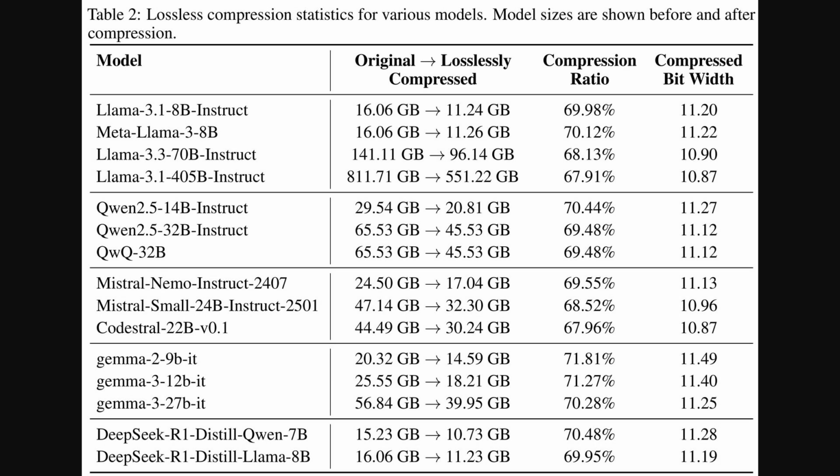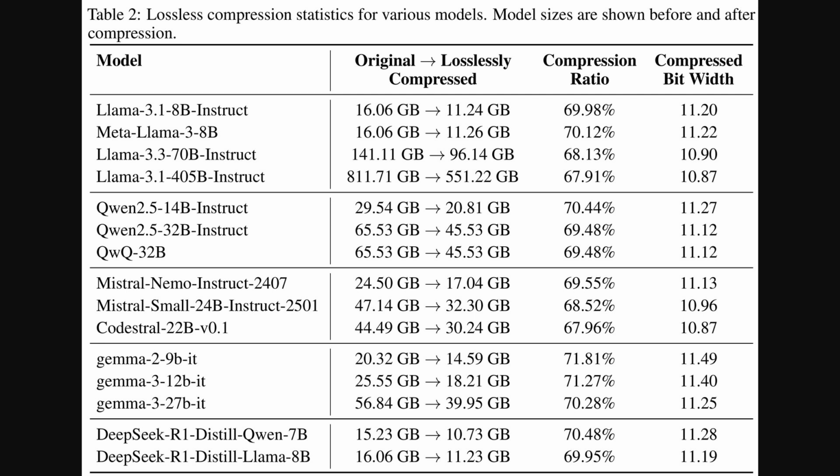Okay, so building on that confirmation of lossless performance, this table gives us the hard numbers on the actual compression DFloat11 achieves across a whole bunch of different models, from smaller ones up to that huge Llama 3.1 405 billion parameter model. You can see the original size in gigabytes, and then the size after DFloat11 compression.